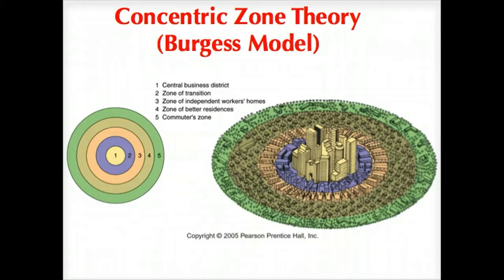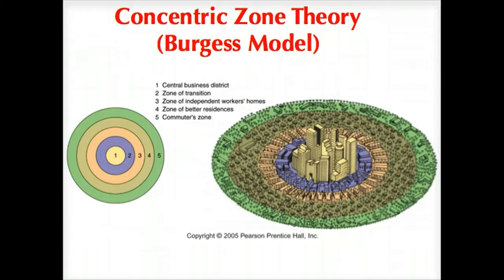The second ring, in that purple zone, is the zone of transition, where you might see some basic light industry or industrial zones, mixed with low income or usually older, less viable housing situations, oftentimes tenement housing.